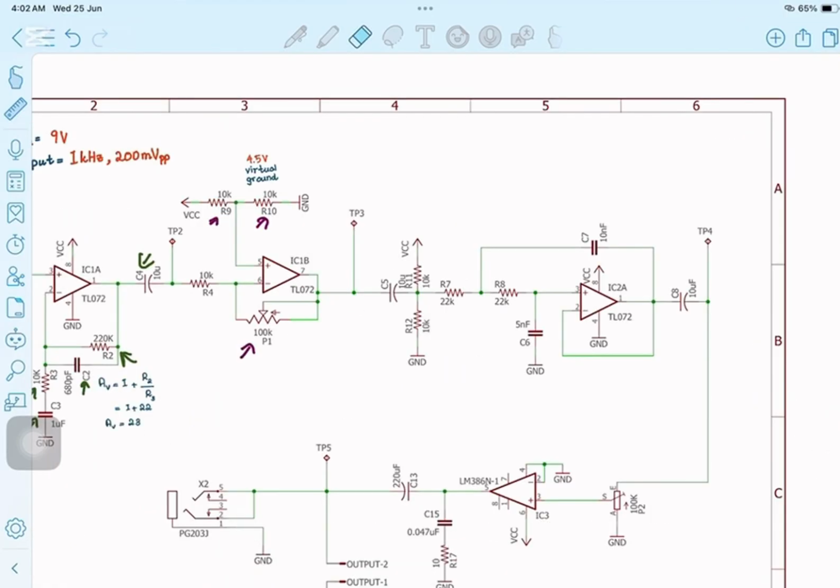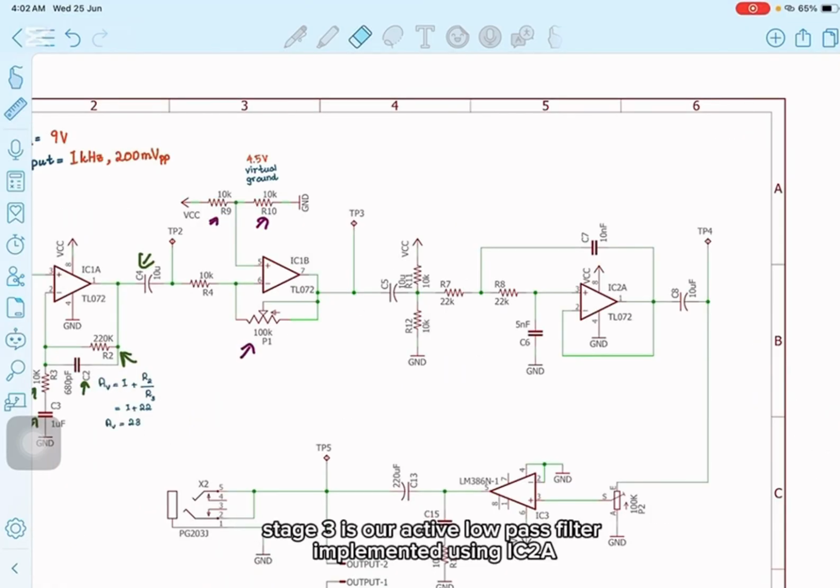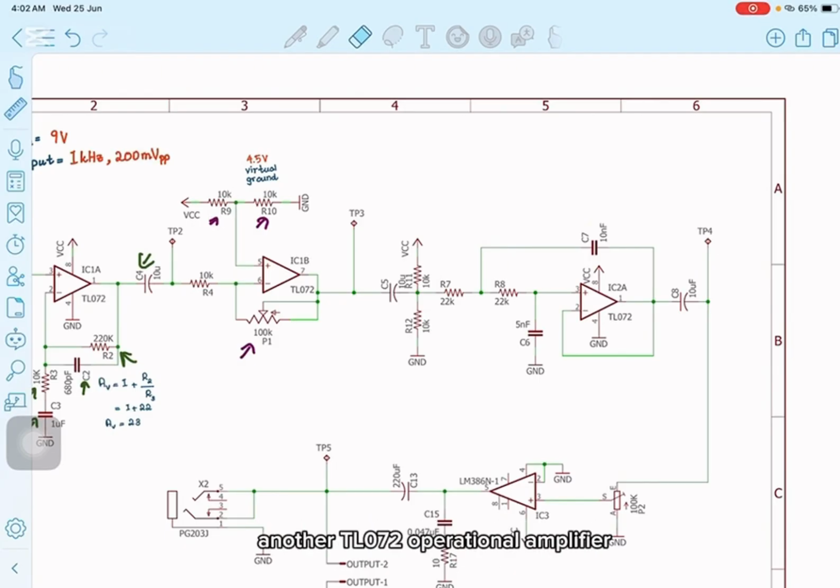Stage 3 is our active low-pass filter, implemented using IC2A, another TL072 operational amplifier. This section is configured as a Sallen-Key second-order low-pass filter. R11 and R12 are equal value resistors.